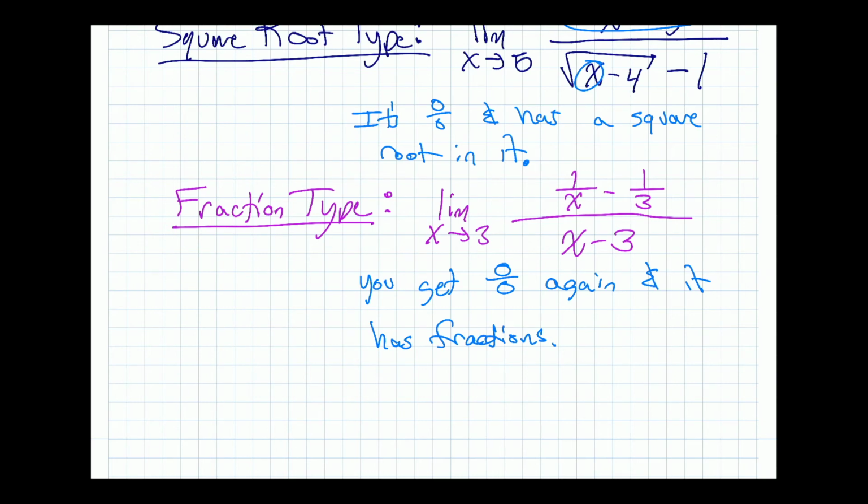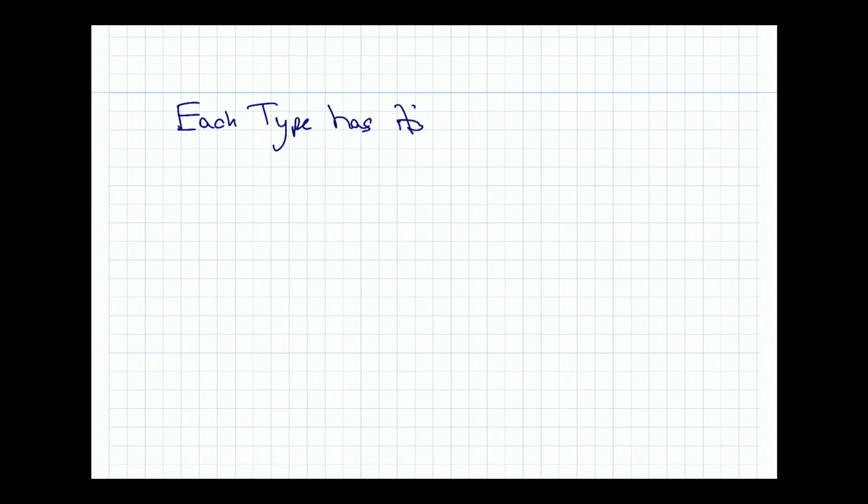That's kind of the key. So each type has its own algebra way to solve it.